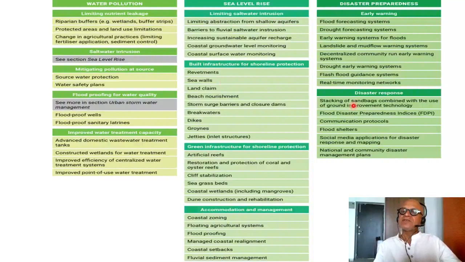Okay, disaster preparedness, early warnings are a critical component with flood forecasting, drought forecasting, early warning for floods, landslide and mud flow warning systems and so on, which we will come back to. And disaster response, of course, stacking of sandbags combined with the use of groundwater improvement technology. It's kind of a low-level, no-regret decision, for example.